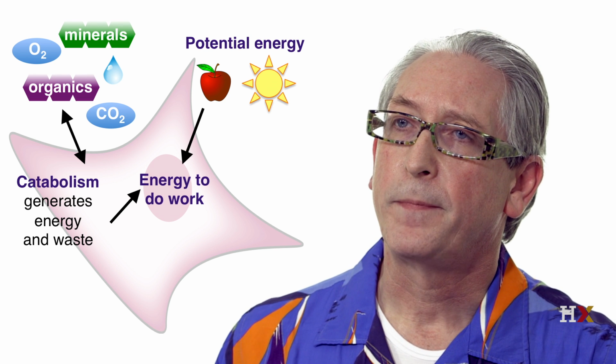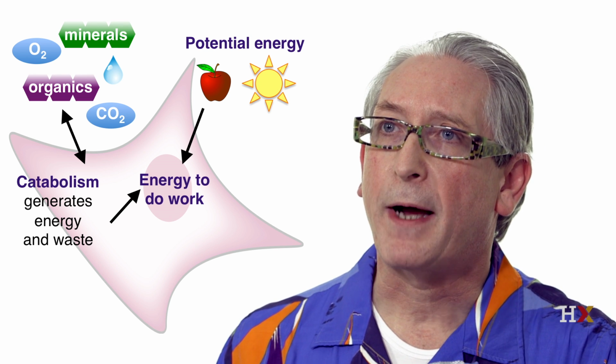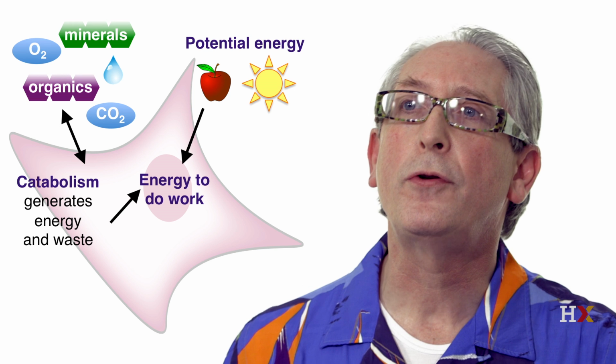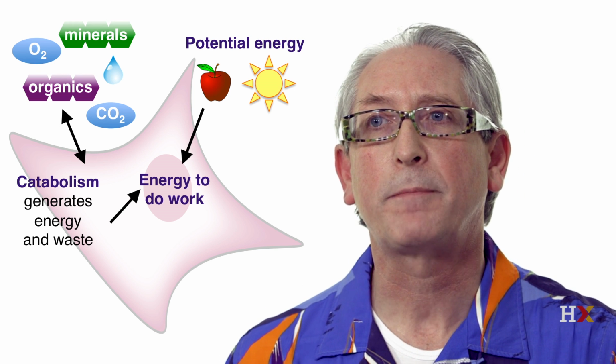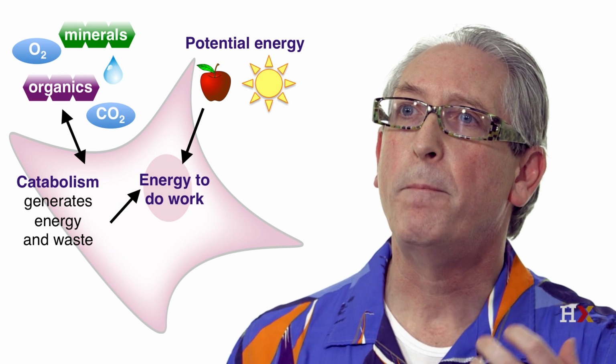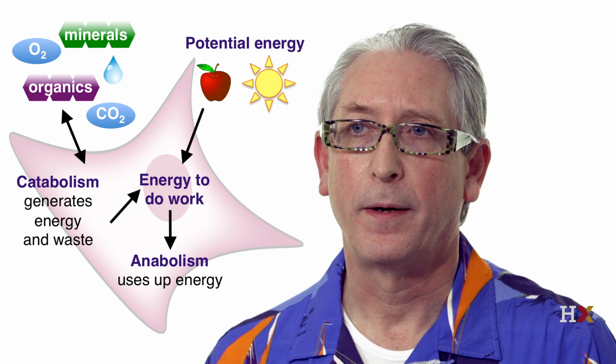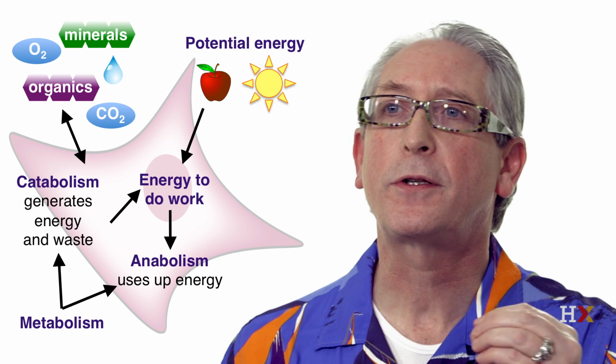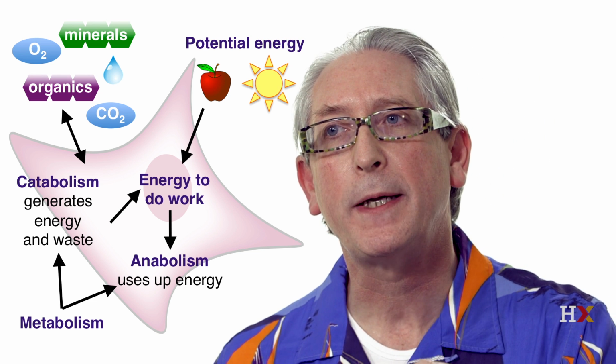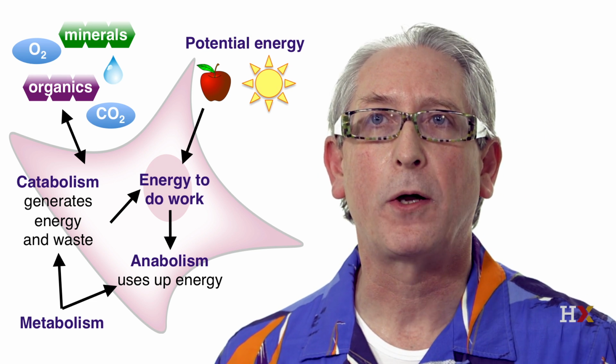This energy that is extracted and converted is also used to synthesize complex biomolecules from building blocks in a process called anabolism. Metabolism is the sum of catabolic and anabolic biochemical reactions.